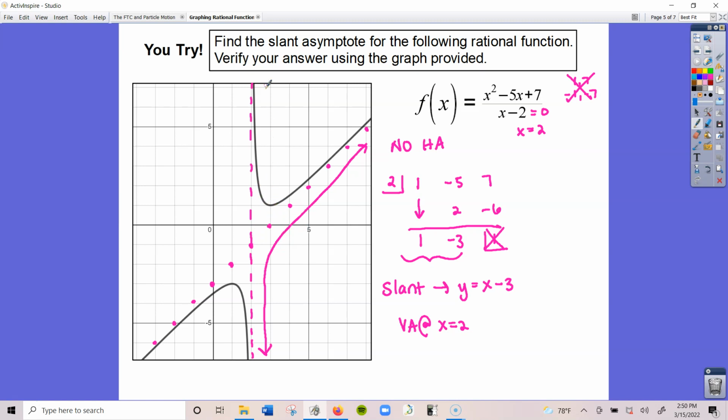If it lands within the pocket, then we know it's going to look like this. If it lands outside, then it's going to look more like an X, like that. So those are your two graphs of rational functions with a slant. It could either look like the one in black, or it could look like the one in pink.